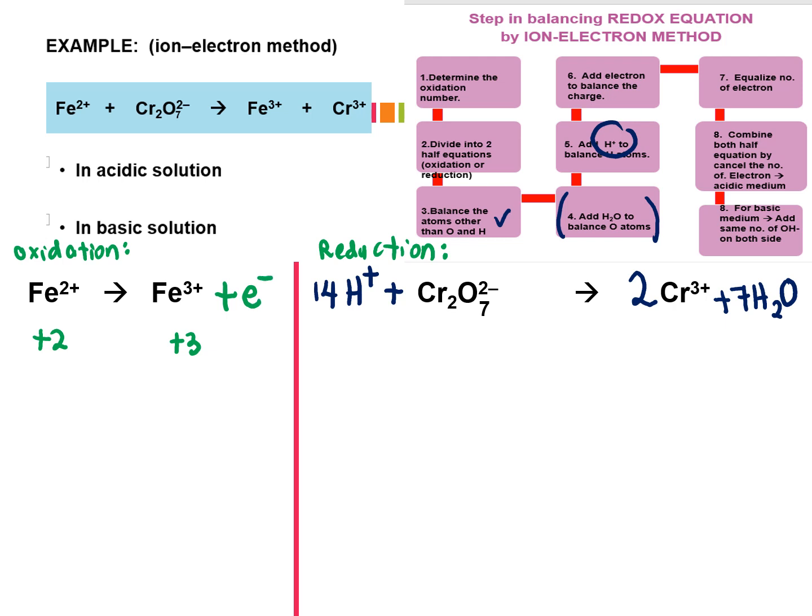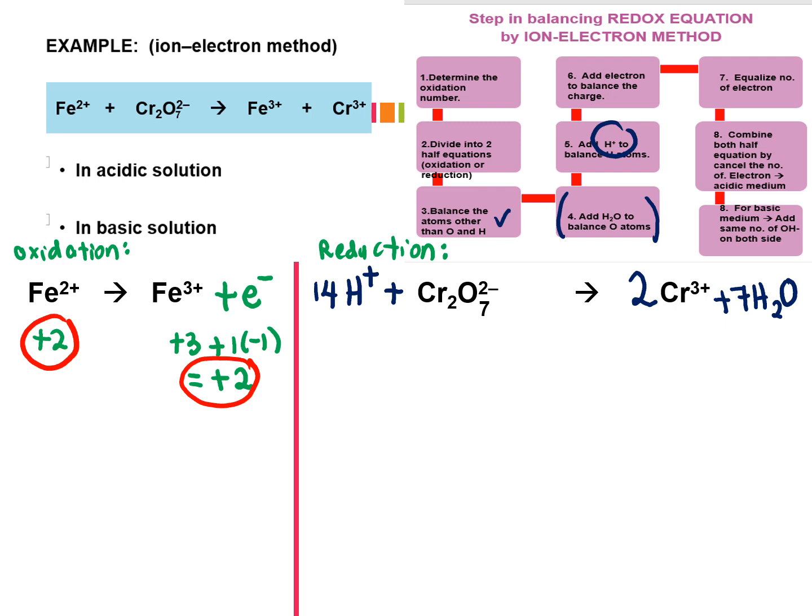Why? Because each electron carries negative 1 charge. So, the total becomes positive 2 charge. Positive 2 charge on the right side, positive 2 charge on the left side. So, the charge is balanced on both sides.